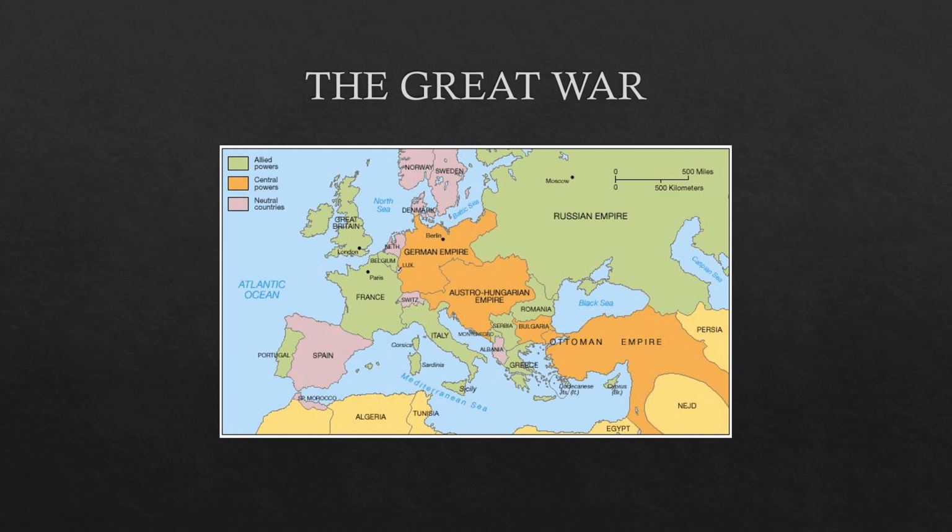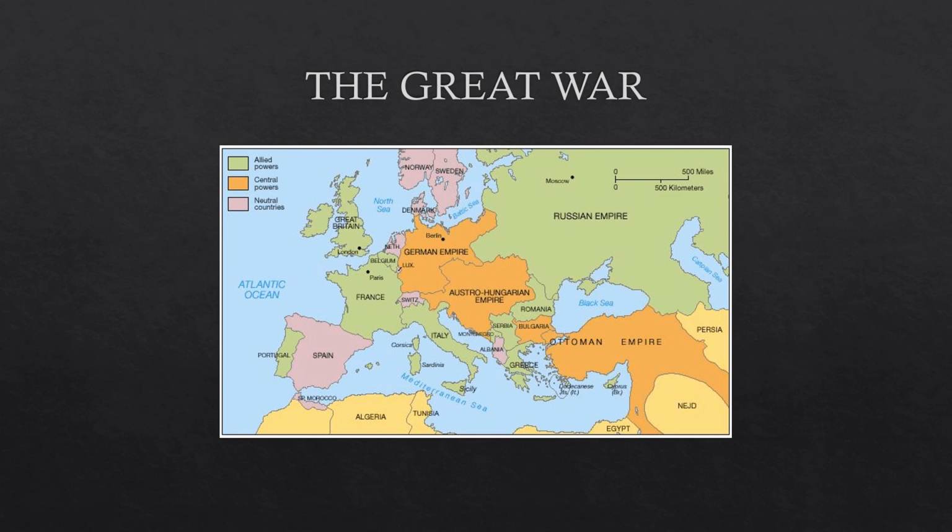This is a section that we're going to be talking about, and this map lays it out really well, with the Allied powers, Central powers, and the neutral countries. So take a picture of that, and as we're going through the slides, use this as a reference as our story continues.